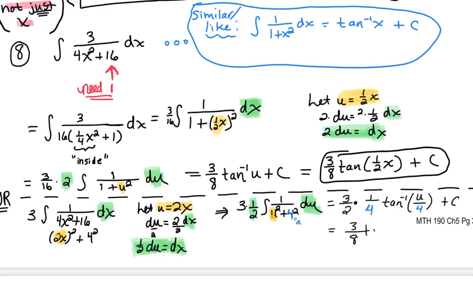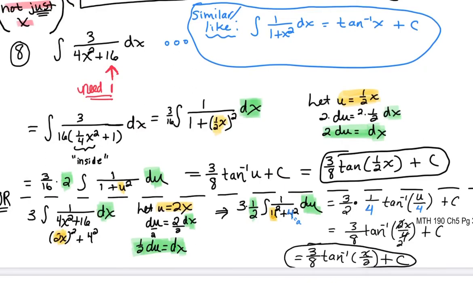So we would have our 3/8 tan inverse of 2x over 4. Well, of course, the 2 over 4 is going to reduce here, and so we do get to the same result, the 3/8 tan inverse of x over 2 plus c.